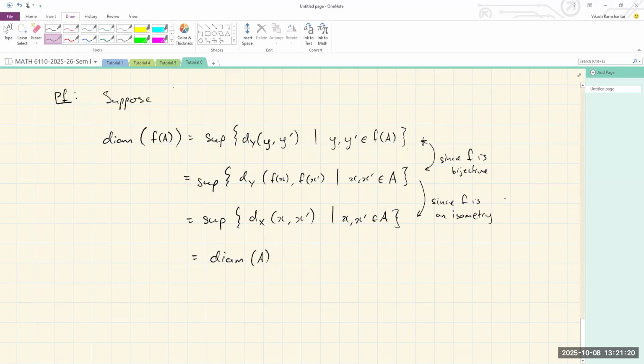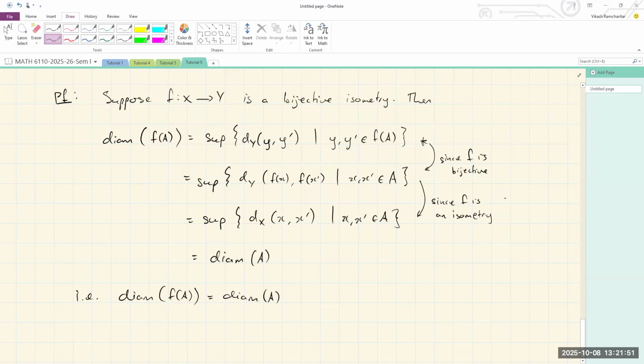Suppose f from X to Y is a bijective isometry. Then the diameter of f of A equals the diameter of A, right?